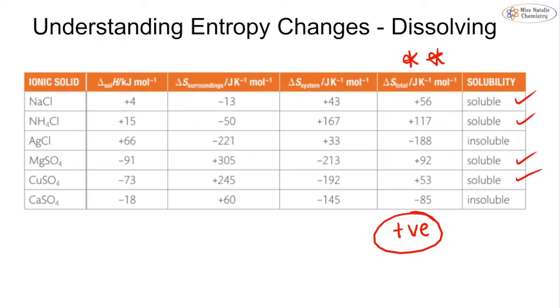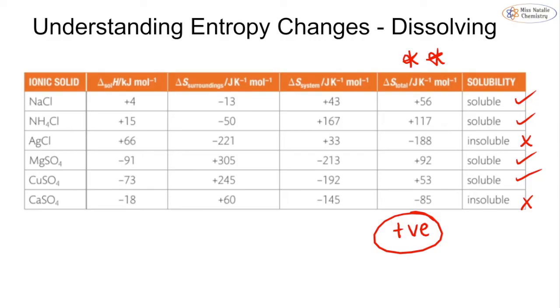On the other hand, silver chloride and calcium sulfate give you negative total entropy values, meaning that these are insoluble. So you can see that the magnitude of the entropy of the surroundings for calcium sulfate is going to be higher than the entropy of the system, meaning that's going to give us a negative value.